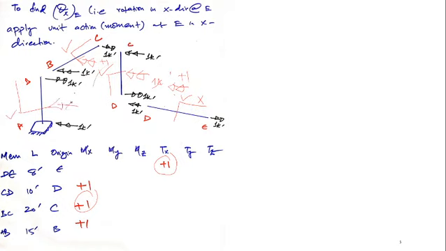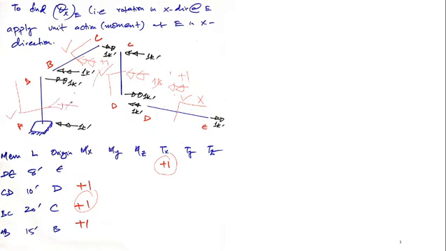Okay, to find theta x, rotation in x direction at point E, I have to multiply the values in this table with this FBD under applied loading.